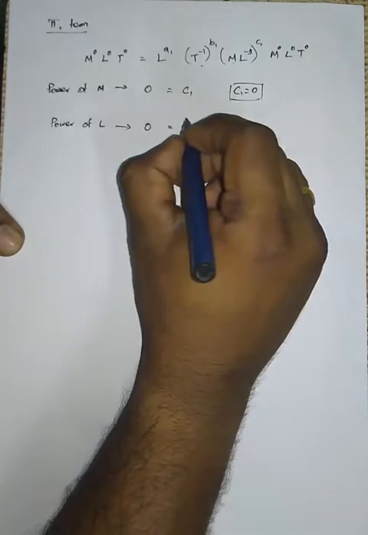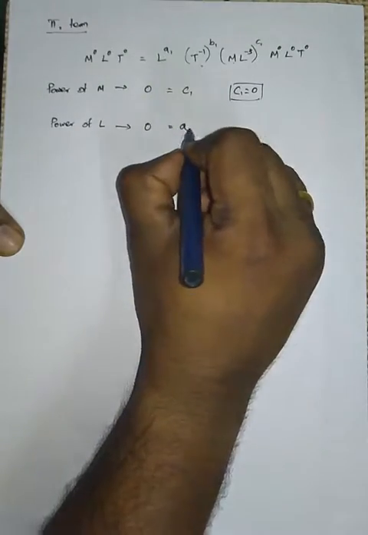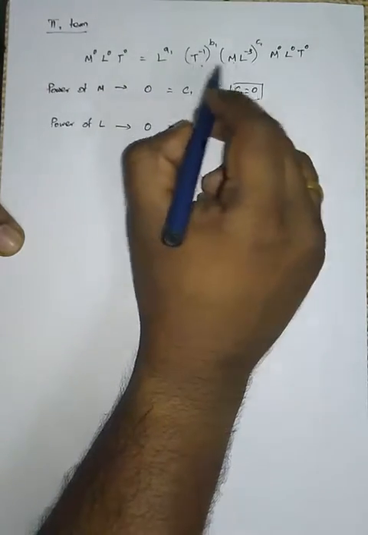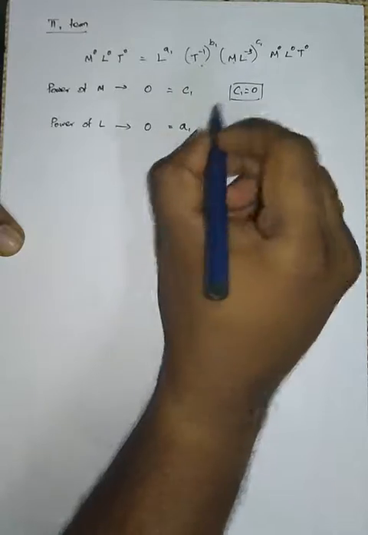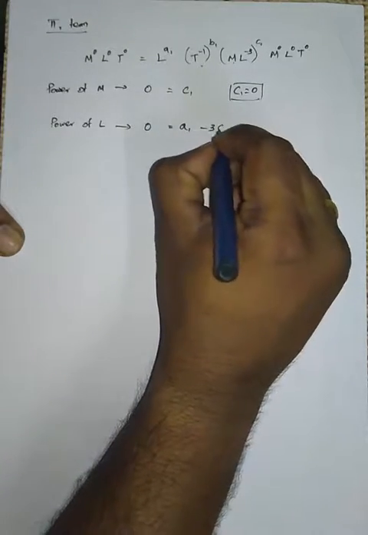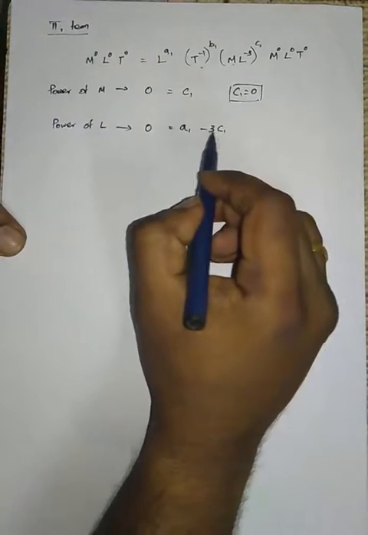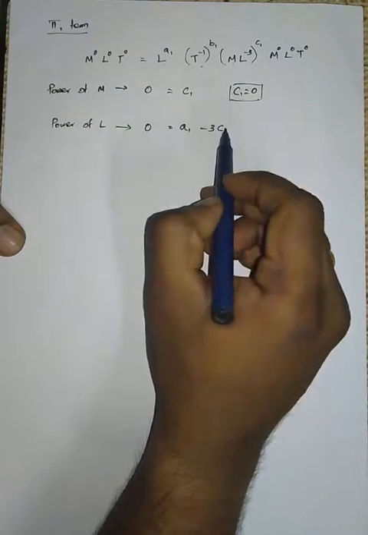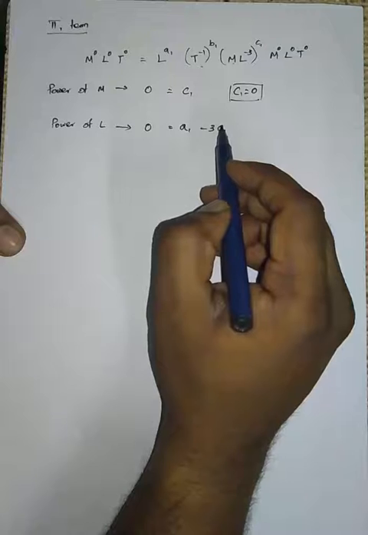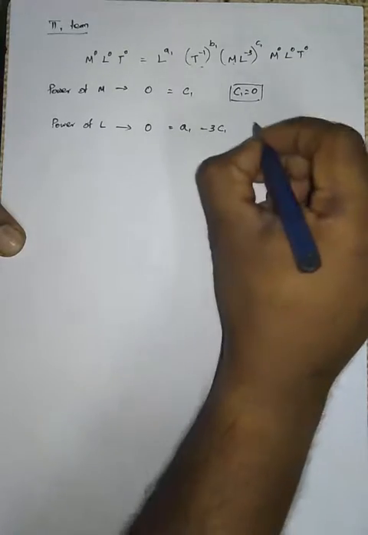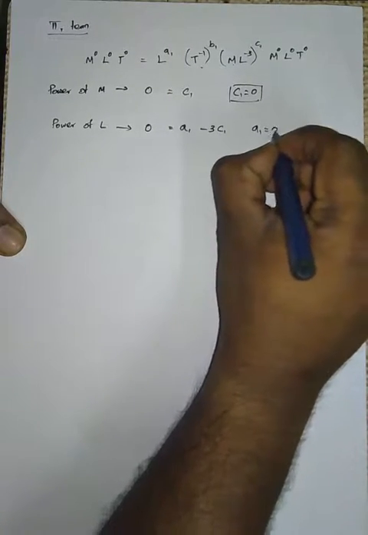In the right hand side, the power of L is here a1, here there is no L term, here L power minus 3, so minus 3 c1. So a1 minus 3 c1 equals 0. We already found c1 equal to 0, then a1 also becomes 0.